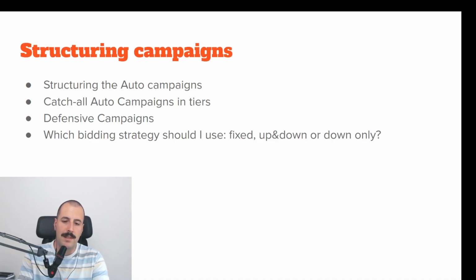I recommend splitting these defensive campaigns by product type. If you're selling jeans, put all the jeans together, advertising on all the other jeans, and if you're advertising sweaters, I would group the sweaters. You can combine them if you want to upsell, but you would do that intentionally. Just for the sake of showing off your brand, that's also a valid strategy.